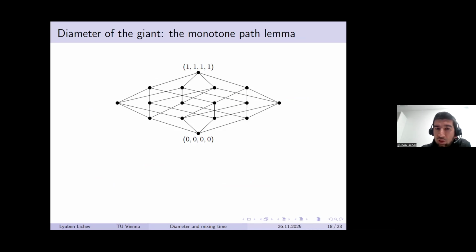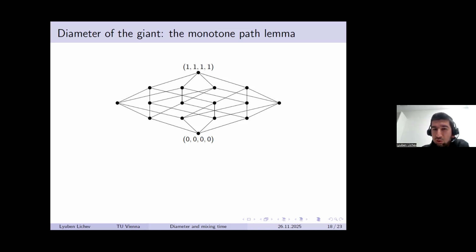So let me just tell you some more about the approach. In order to do this, I'll ask you to turn the hypercube in your head on its corner, so that the 0,0,0 corner points to the bottom and the 1,1,1 corner points to the top.